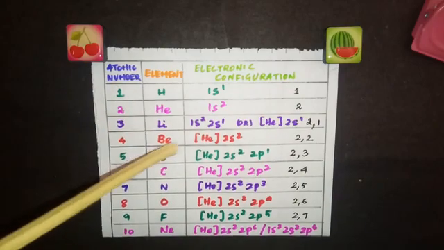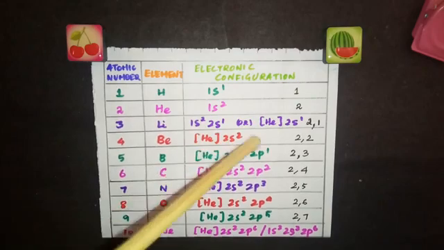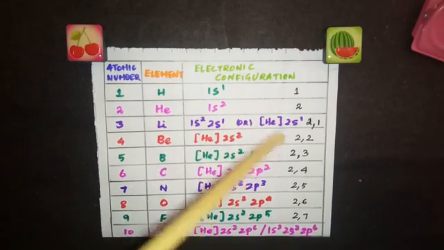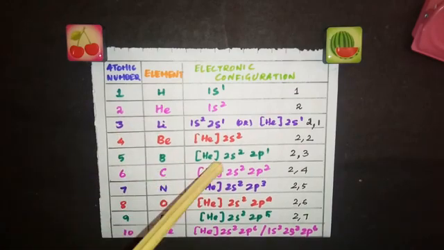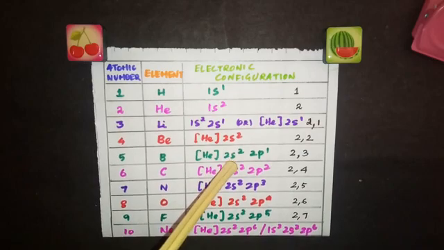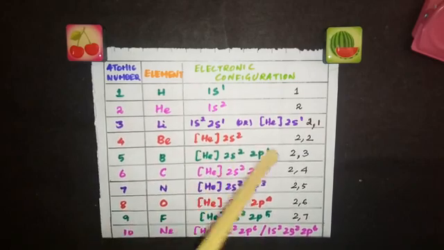And for beryllium, in the same way, instead of 1s2, you can put helium in brackets and write 2s2, or else the configuration is 1s2, 2s2. And for boron, instead of 1s2, we write helium. After 1s2, the electrons enter 2s and then they go to 2p. So 1s2, 2s2, 2p1.